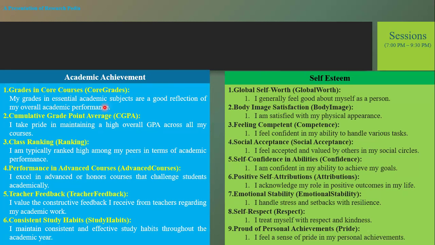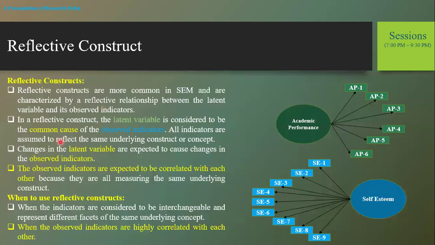If you previously see what I have told you, in a reflective construct, the latent variable is considered to be the common cause of observed indicators. So these are observed indicators, and the statements indicate a common cause.